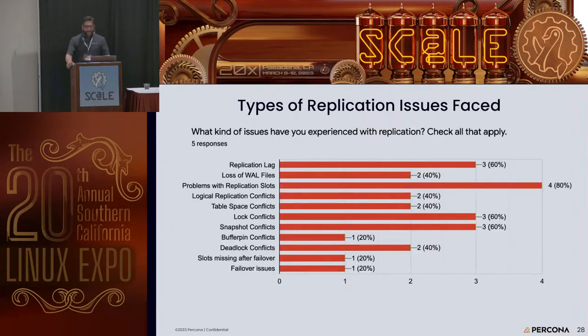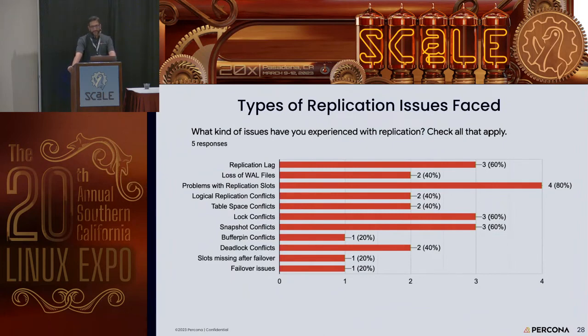The kind of replication issues that people have faced: there is replication lag, obviously, no surprise there. Loss of WAL files, I guess no surprise there as well. Loss of replication slots, that's not a surprise either.